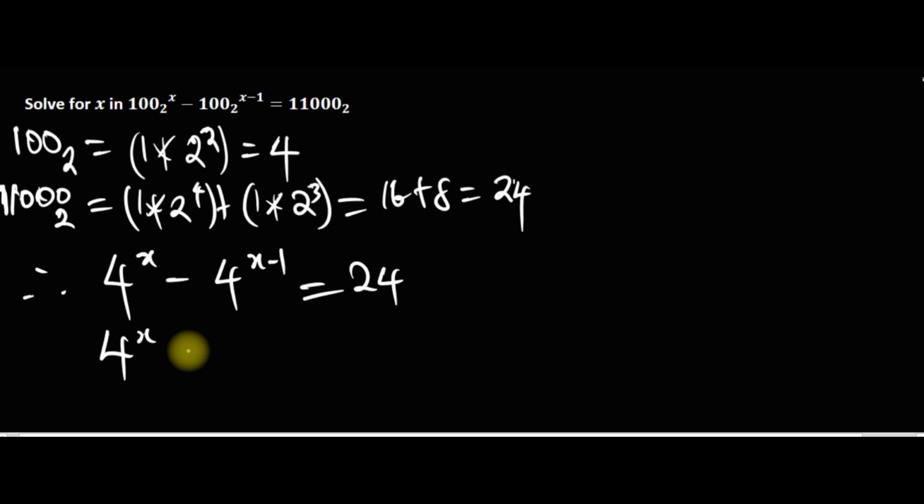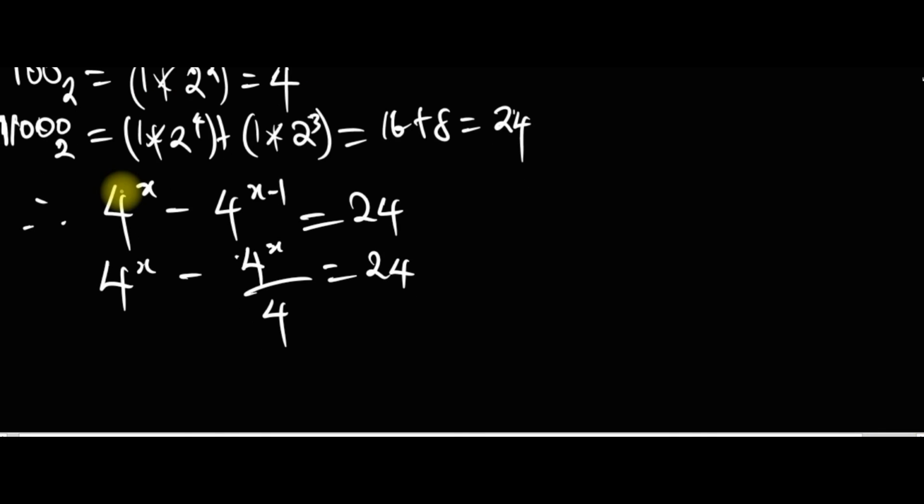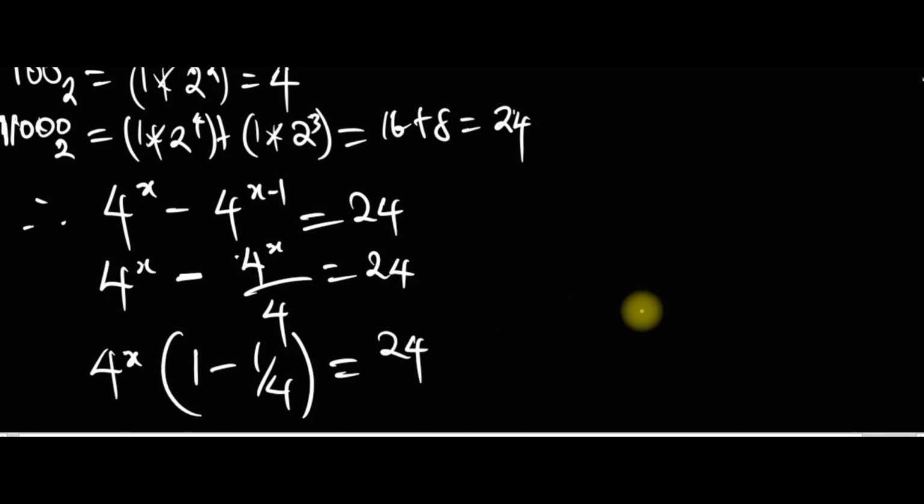We can write this as 4 raised to power x over 4 raised to power 1. I love indices. You can notice that we have 4 raised to power x and 4 raised to power x, so we factor that. We have 4 raised to power x times 1 minus 1 over 4 equal to 24.